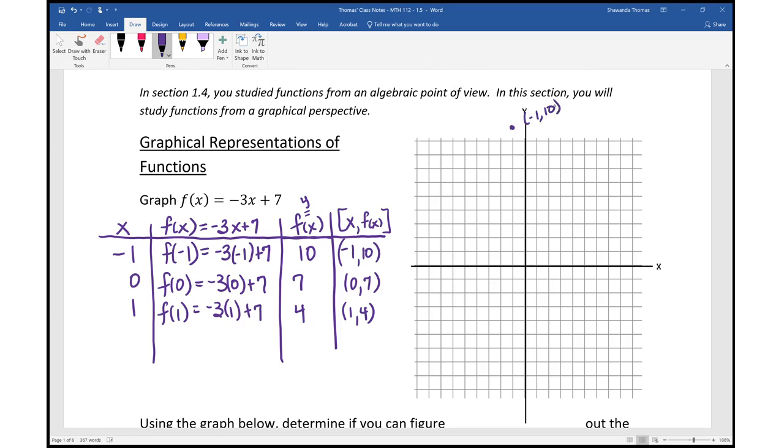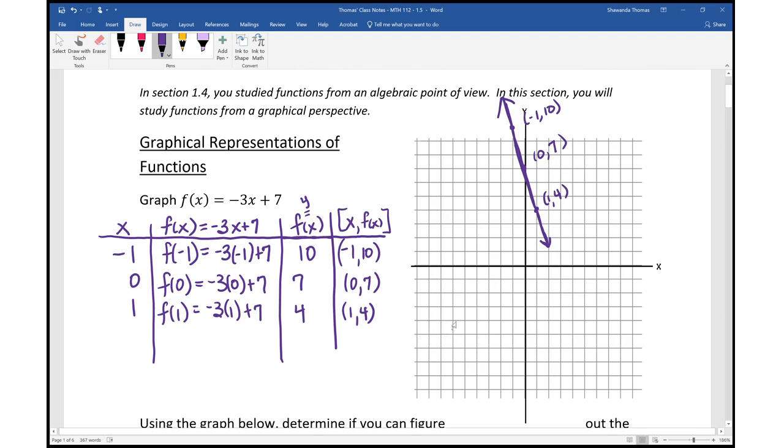Negative 1, 10. 0, 7. We neither go left or right, but we go up 7 on the y. 1, 2, 3, 4, 5, 6, 7. For 1, 4, we go to the right 1 unit and up 4 units. 1, 2, 3, 4. And as you can see, this is a good sign that all of our dots line up, right? Because this is a linear function. It should be a line.